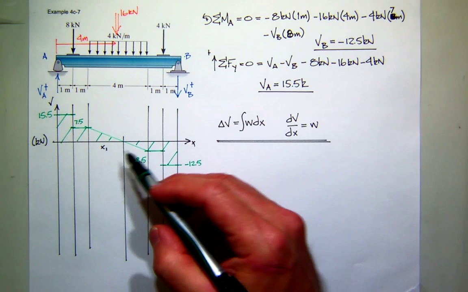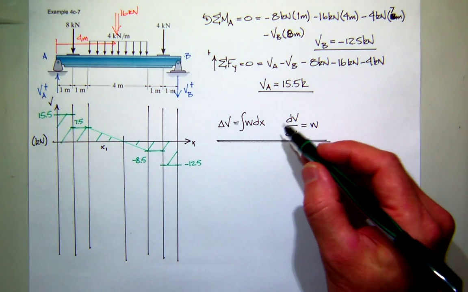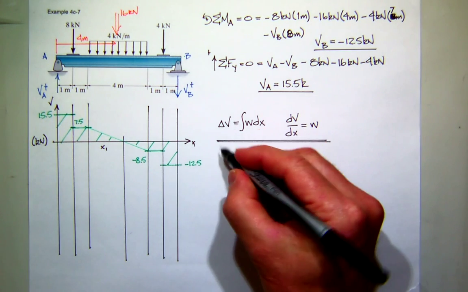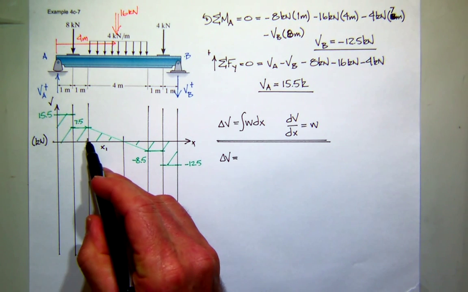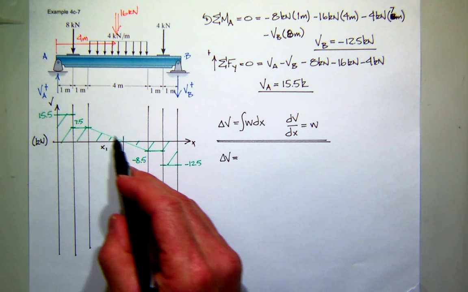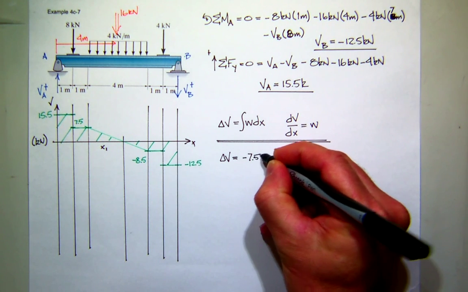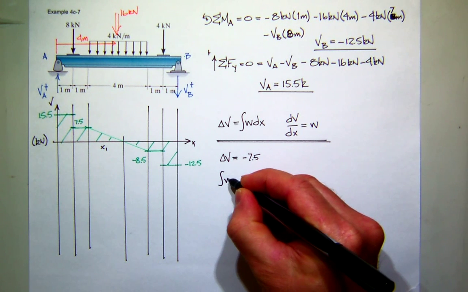So how do we find this distance x1? Well, let's apply our same principles. First of all, what is the change in shear from here to here? Well, it starts off at 7.5 and drops to 0, so that's a change of negative 7.5. Simultaneously, what's the area under the load curve?